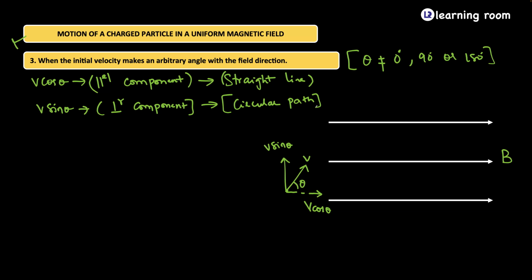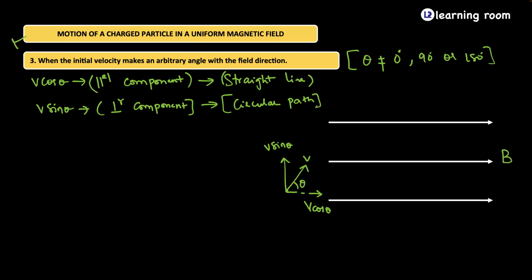Now observe, when this is putting the charged particle into circular path, what is going to be the direction in which it will experience the force, and how is it going to move? So due to this v sin theta, use Fleming's left-hand rule and tell me what is going to be the direction in which this v sin theta is going to create a force on the charged particle.